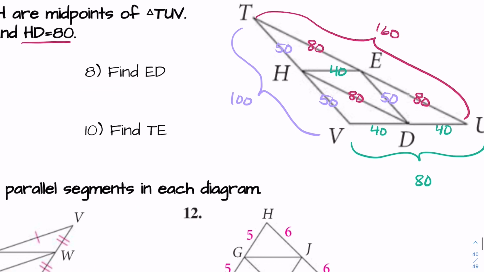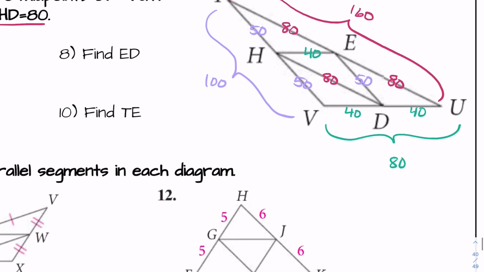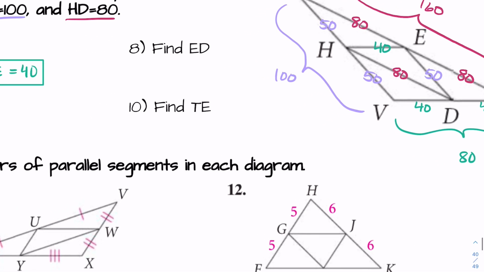So HE equals 40. ED is 50. Again, I'm going to want a little mark above ED.